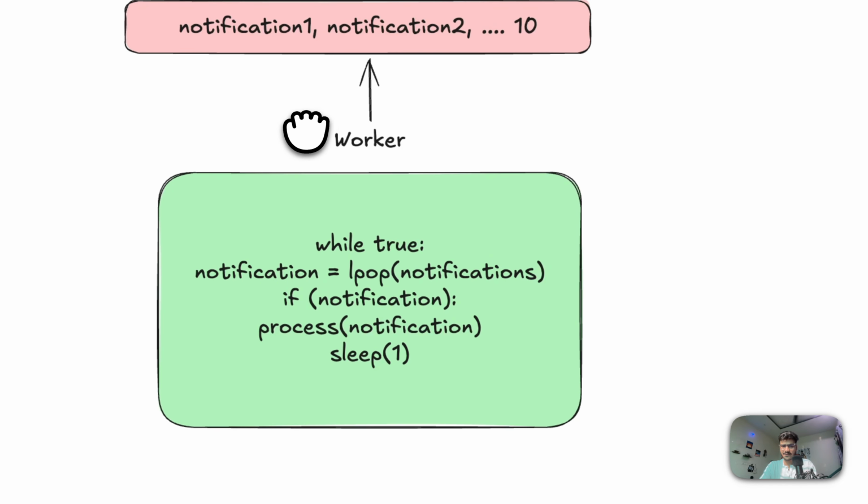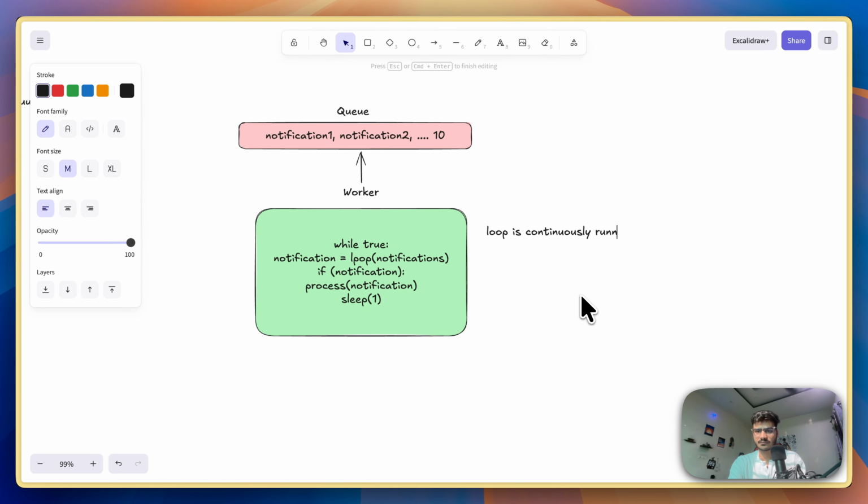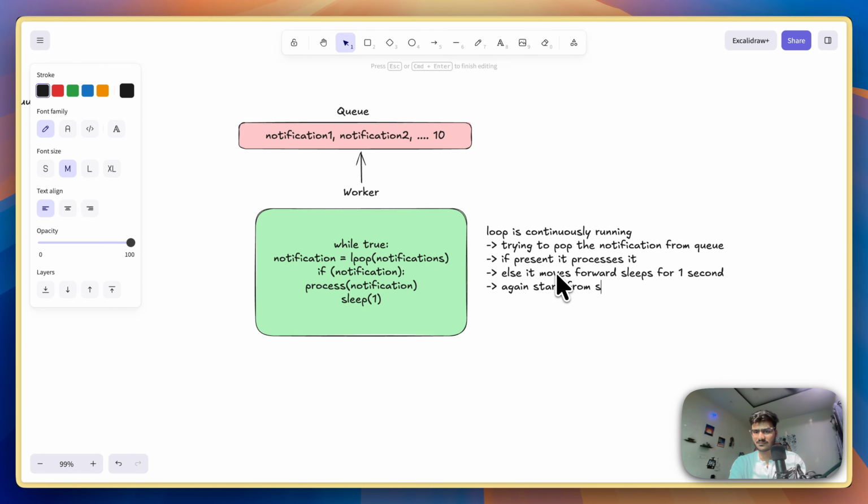The main problem in this is this loop is continuously running, right? Every time you run this loop, it's trying to pop the notification from the queue. If present, it processes it, else it moves forward, sleeps for 1 second, and again starts from scratch, right?